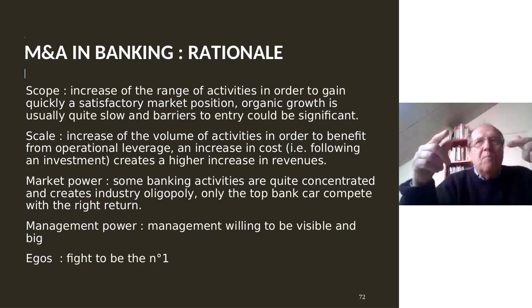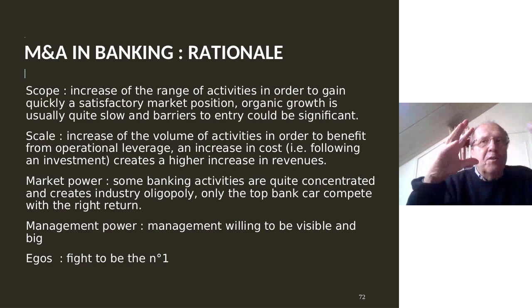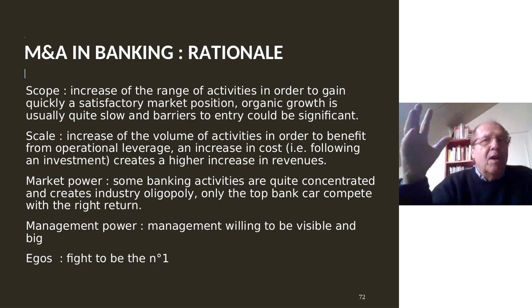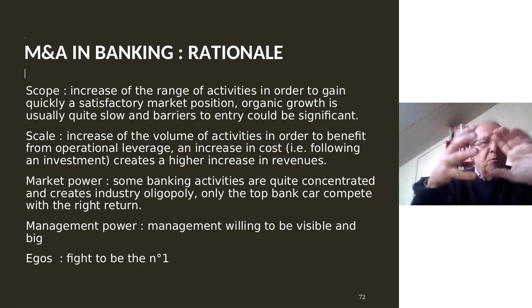And you could have, for example, a bank with a dominant market share at a regional level, but not at a national level. So if the regional level is taken into account, a merger of 2 banks which are important at regional levels themselves will create a super monster, super big bank regionally.